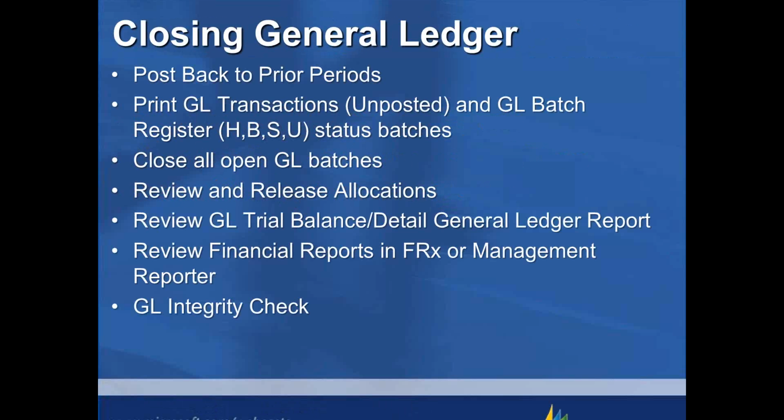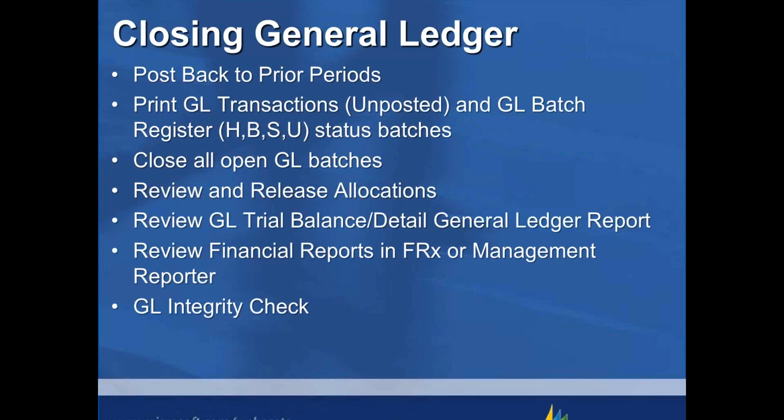And of course, you want to review your general ledger trial balance or detailed general ledger reports. One of the things you certainly want to check is, on your trial balance report, make sure that your assets equal your liabilities. Also, you want to look at your net income at the very end of the trial balance report, and that should tie back to your year-to-date net income account, not retained earnings, or all sub-accounts added together.